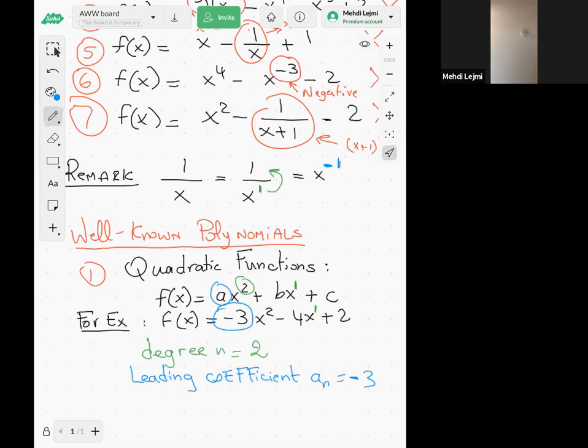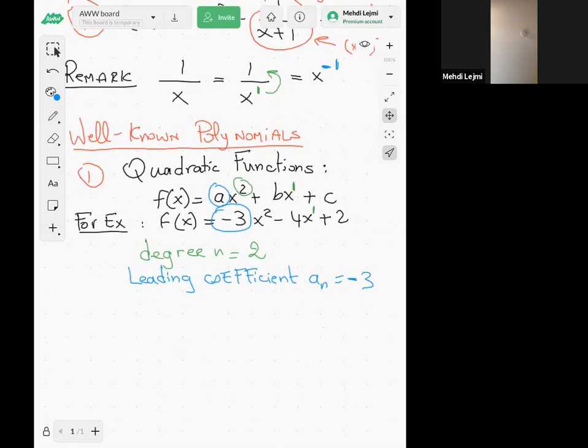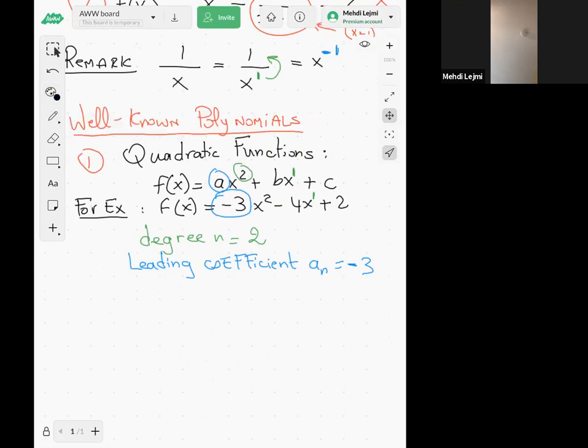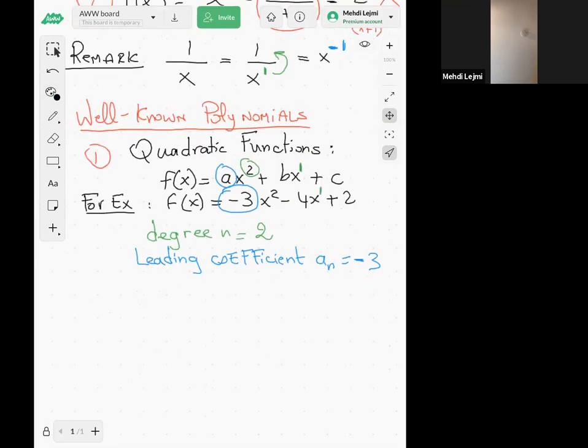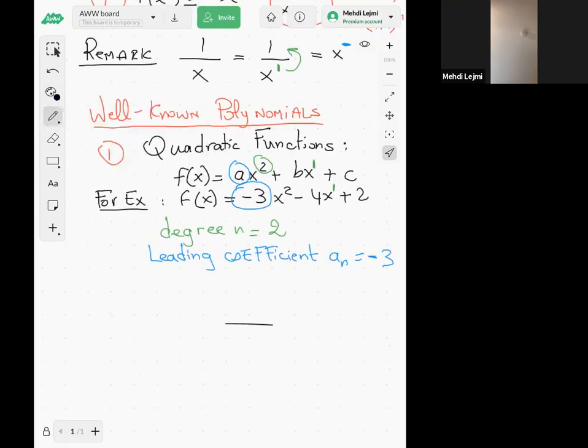And we know that the graph of a quadratic function is a parabola.